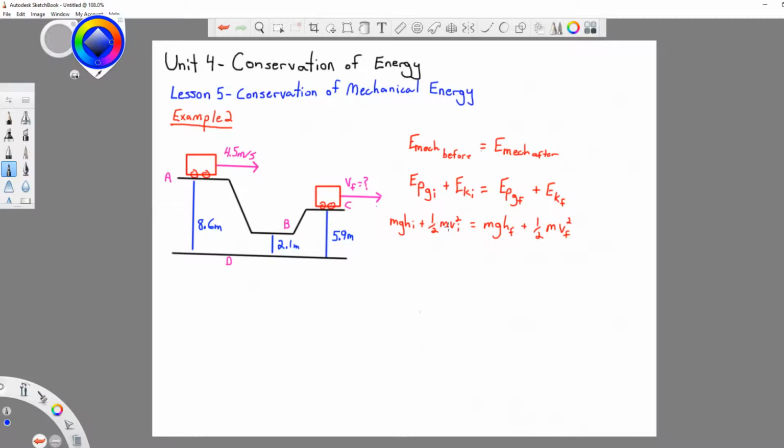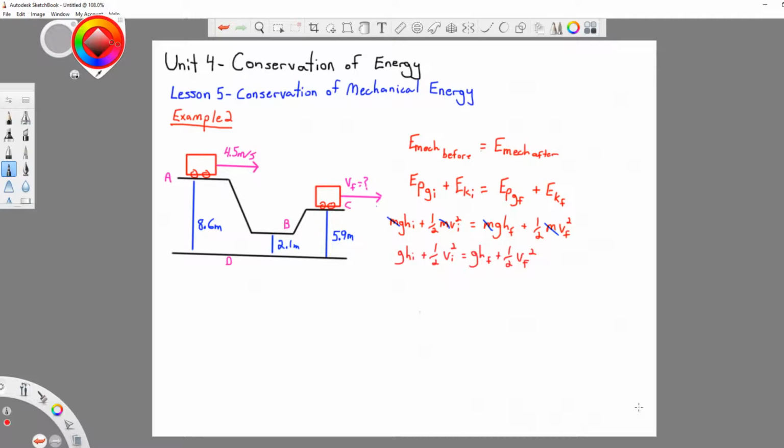Thankfully, every single term has mass, and remember, it only works if every single term has it. Essentially, we're dividing every term by mass. Okay. Good show, we're doing well. I am going to rewrite this formula out again. So now we have gravity times initial height plus 1/2 initial velocity squared is equal to gravity times height final plus 1/2 velocity final squared.